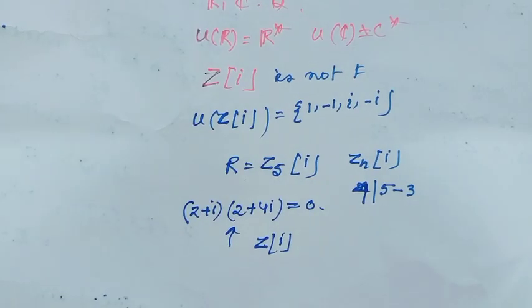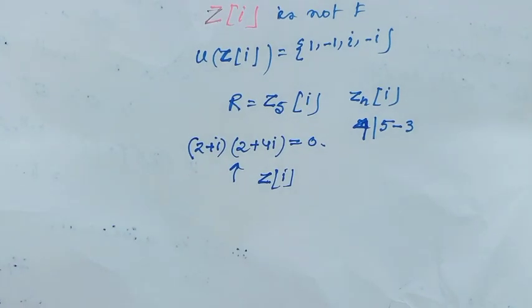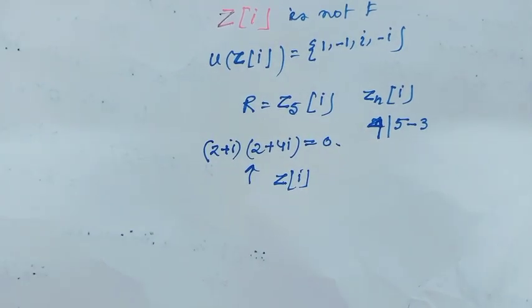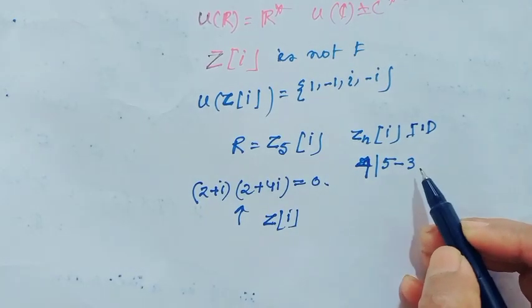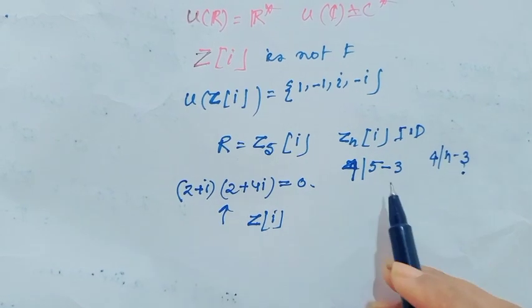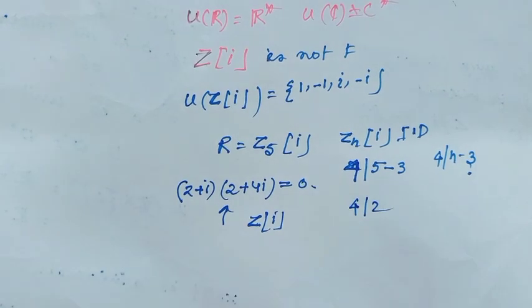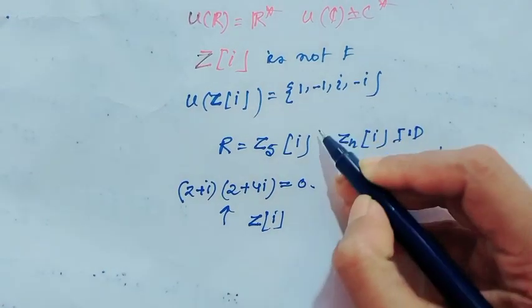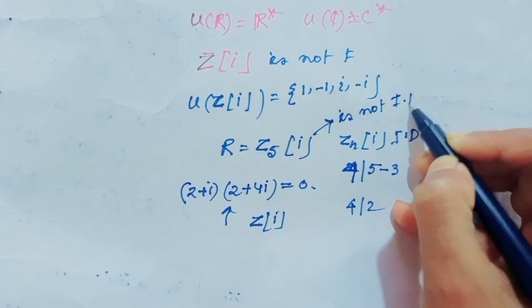Now if we consider the ring Z5[i], a few minutes ago we saw Z_n[i] is an integral domain when 4 divides n minus 3. Here n is 5, that means 4 divides 2, this is not possible. So Z5[i] is not an integral domain.